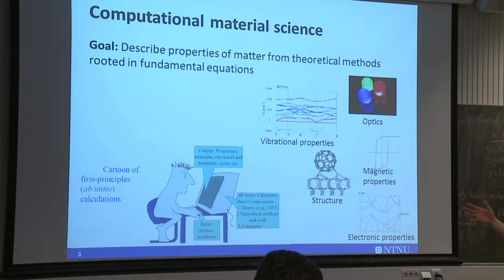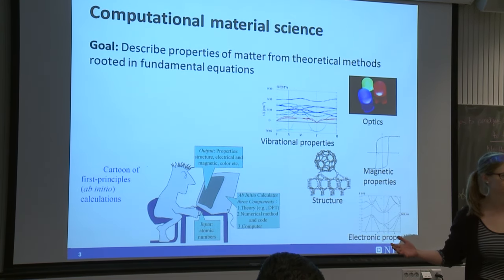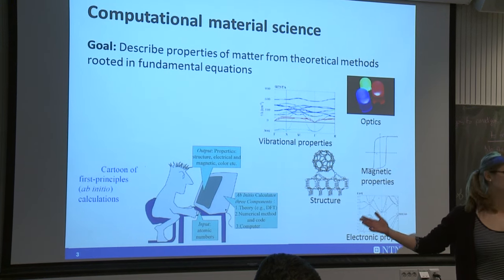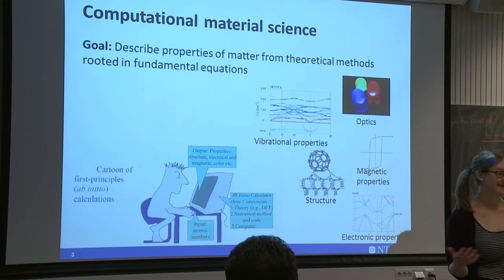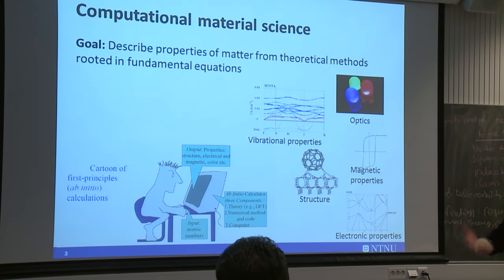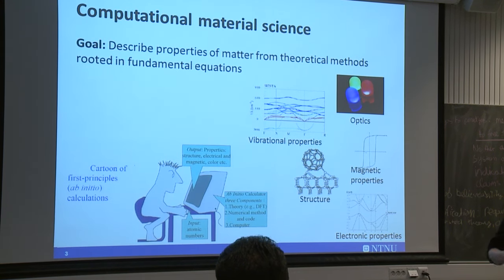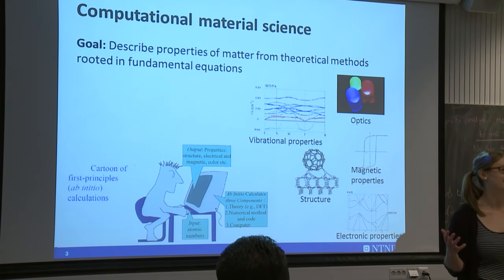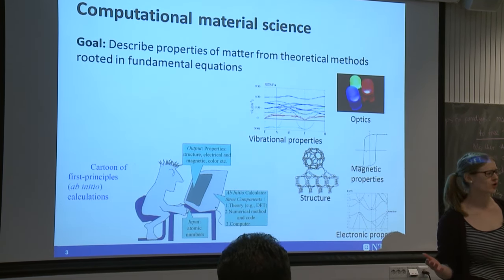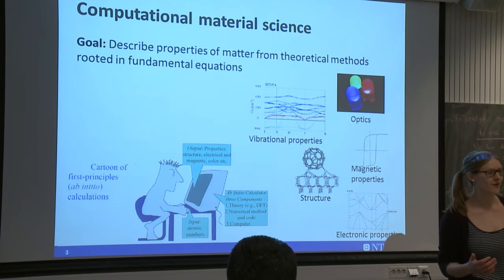So DFT calculations are also called first principles calculations, or ab initio. That means from the beginning. It just means that with density functional theory calculations, the whole theory is not based on any empirical parameters.